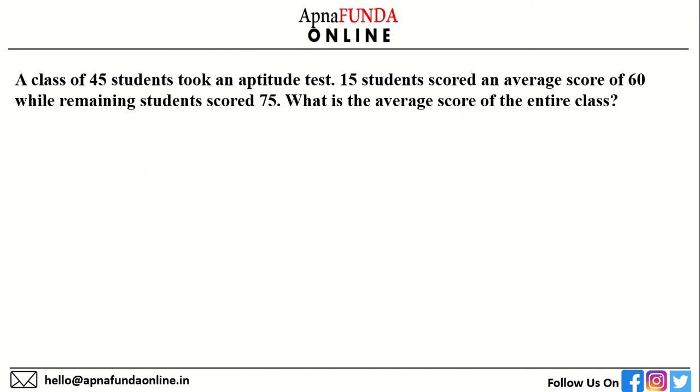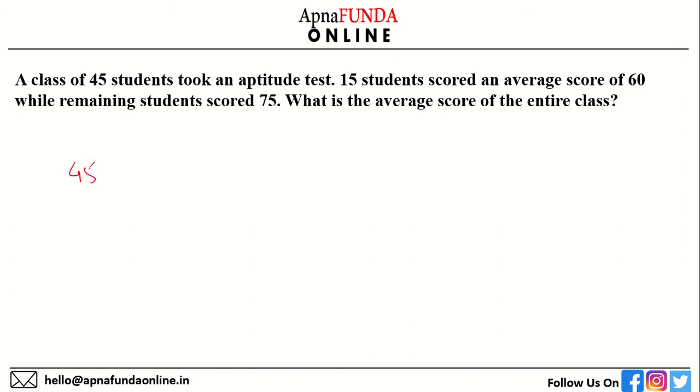Next question: a class of 45 students took an aptitude test. 15 students scored an average score of 60, while the remaining students scored 75. What is the average score of the entire class? This is a weighted average because the weights are different.